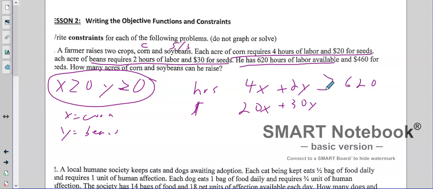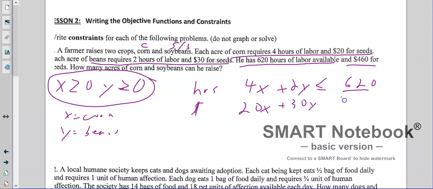But think about it. Test a number. Like, what's greater than 620? 700. Does he have 700 hours available? No. So we're actually going to go the opposite direction, less than or equal. Because this number here is the maximum amount. So it's up to and including that amount. So always double check that carefully.